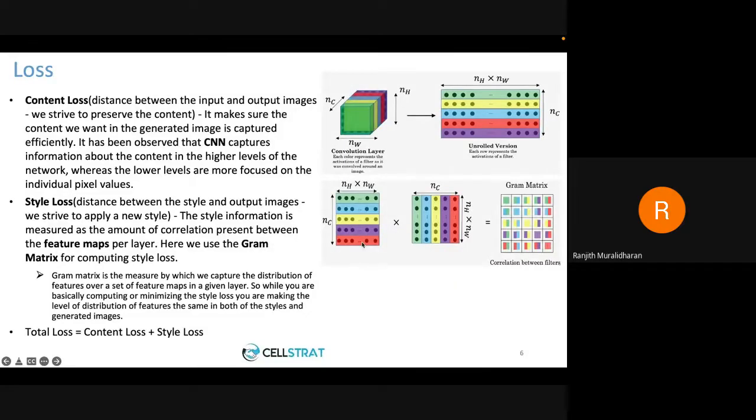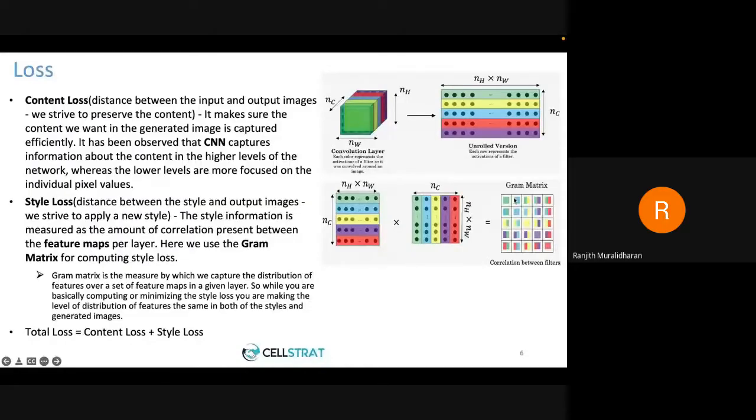If you see here, assume this is your convolution network unfolded, and then you multiply it with its transpose. Practically, you see the images on the screen: you have green, then green, blue. For each and every multiplication that it does, it will compute the loss and give you the overall loss for those filters.